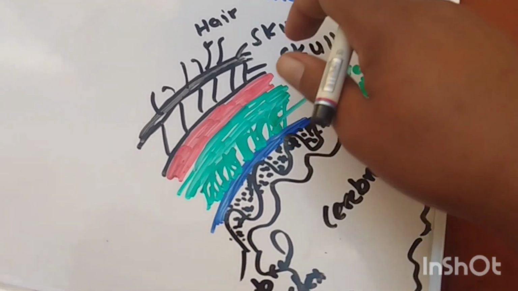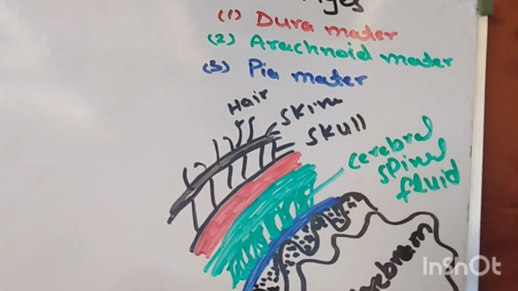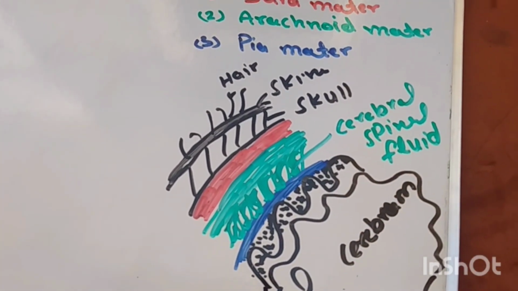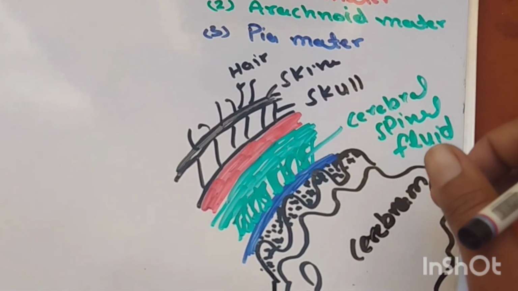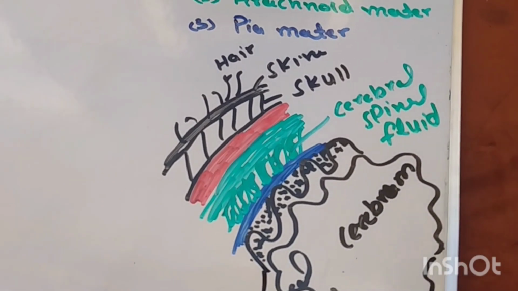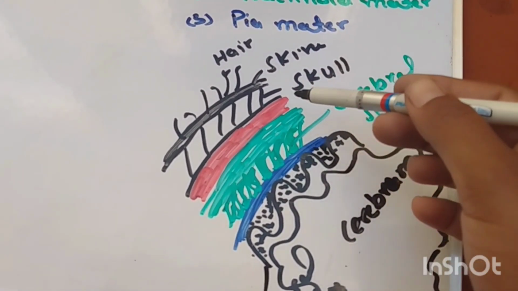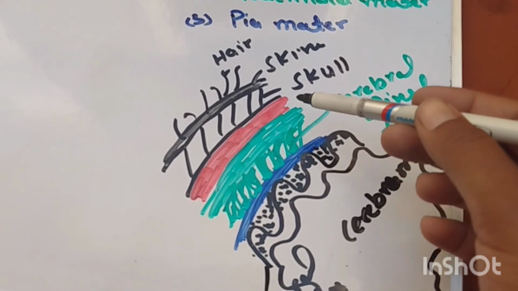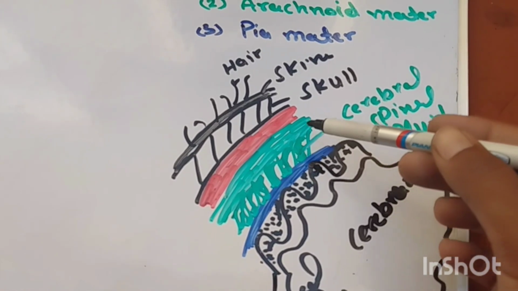So meninges consist of three layers: dura mater, arachnoid mater, and pia mater. If we draw the structure, first we start with hair, then skin. Skin protects our internal brain pressures, and the skull consists of bone, and then dura mater, arachnoid mater, and pia mater.